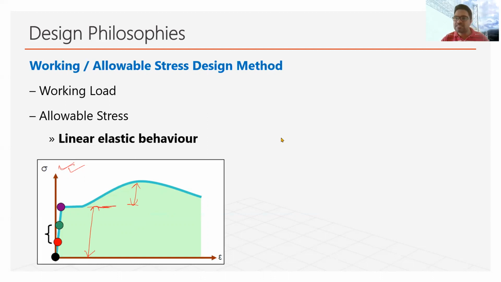Up to this load, steel is taking the stress without permanent deformation. So in working stress design, the first concept is that we consider the strength of steel up to this point only. We do not consider the strength we get in the plastic stage. So in working stress we consider this much strength.